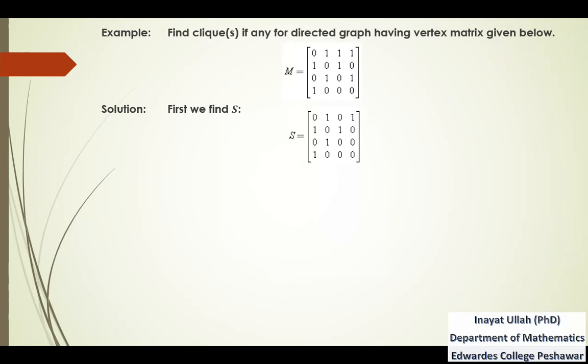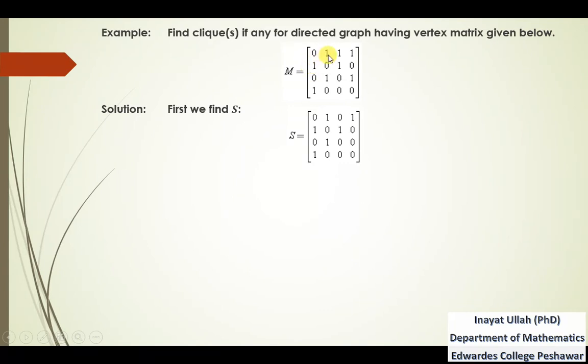Just look at this M. This entry is M12, I mean, this is in the first row and in the second column. Below this diagonal, on the reverse diagonal, this entry is M21.